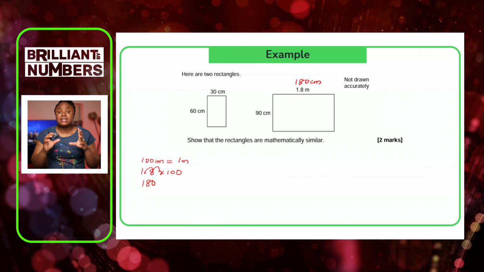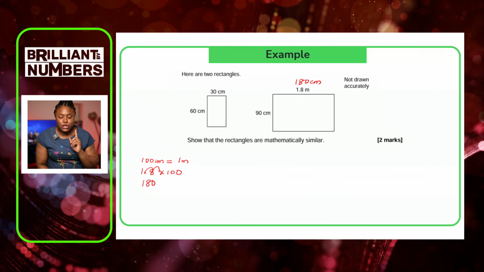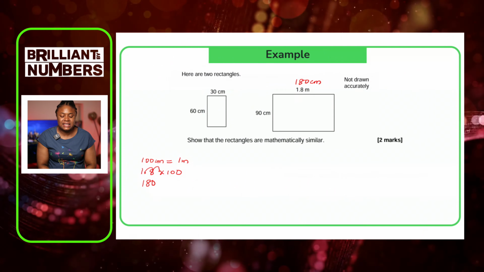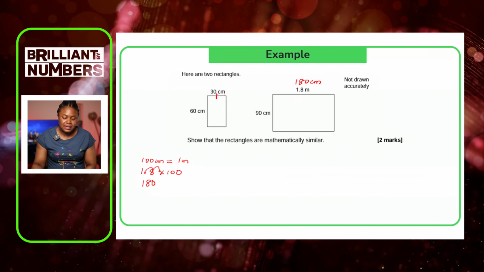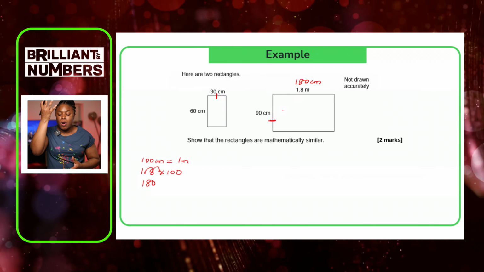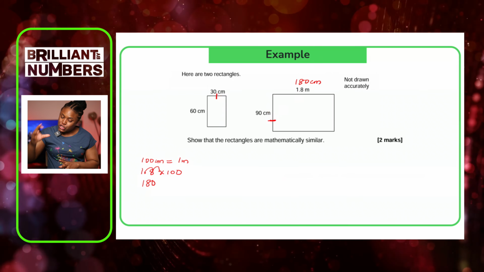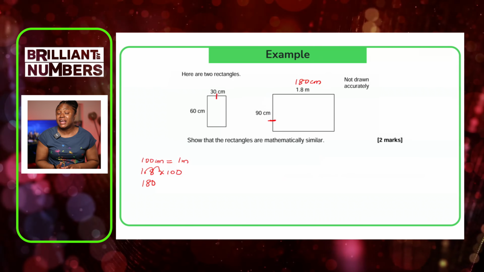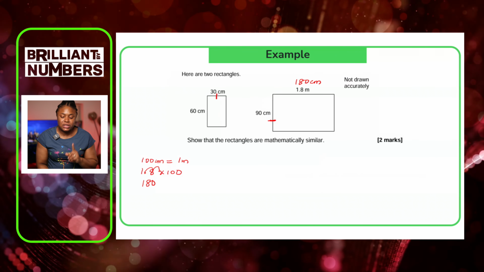Now this question gives us a beautiful opportunity to ensure that we know the corresponding sides. If you notice here, it is 30 that corresponds to 90, even though the orientation is one vertical, one horizontal. If we rotate the shape, we can see 90 and 30 are the two corresponding sides.